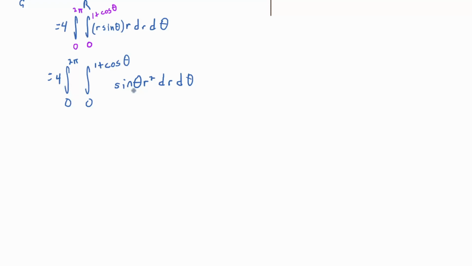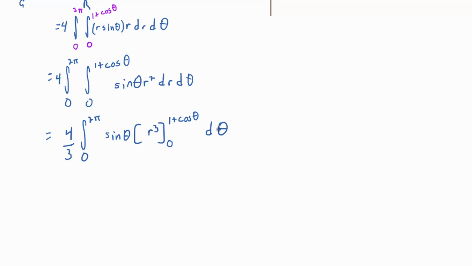Okay, let's integrate. 4 integral 0 to 2 pi, and then you said r cubed over 3, right? What should I do with that denominator of 3? Pull it out front. Let's not mess with that. And so we get sine of theta outside the evaluation brackets, and r cubed evaluated from 0, yeah, and then dr is not there anymore. d theta, everybody with me?